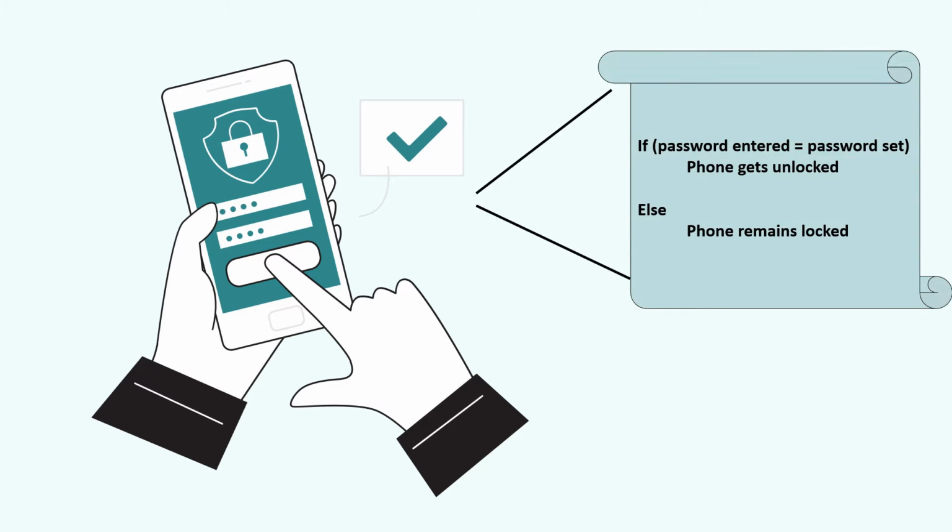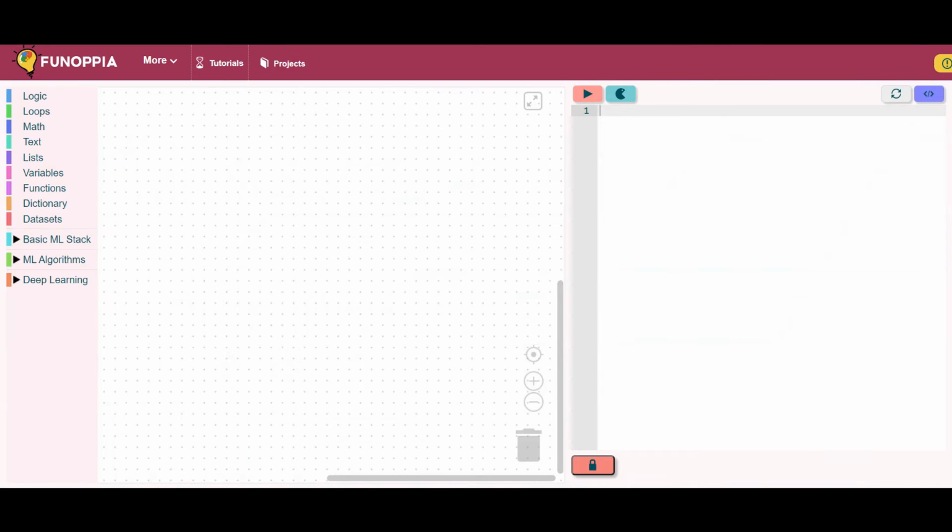If the password you enter matches the password set, then the phone unlocks. Otherwise, it does not. Yes, now you understand how this technical stuff works, and this is how your simple passwords are programmed.